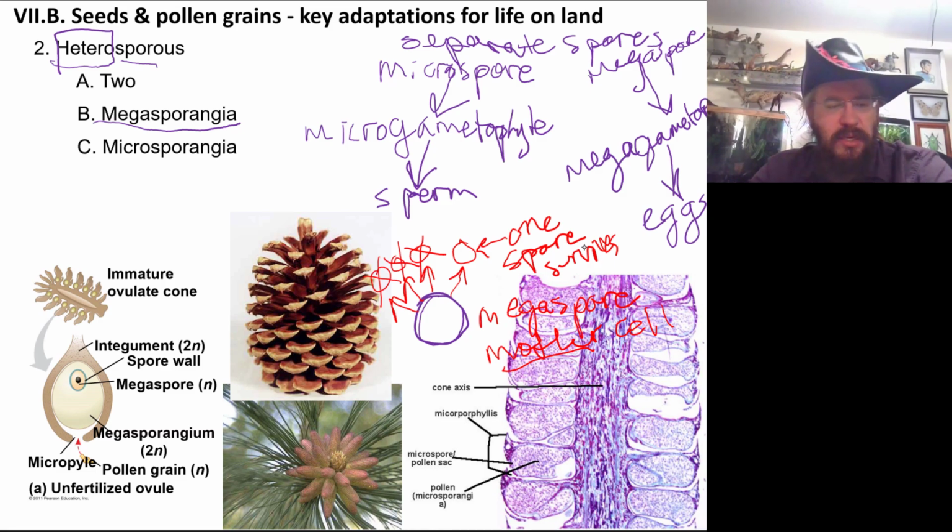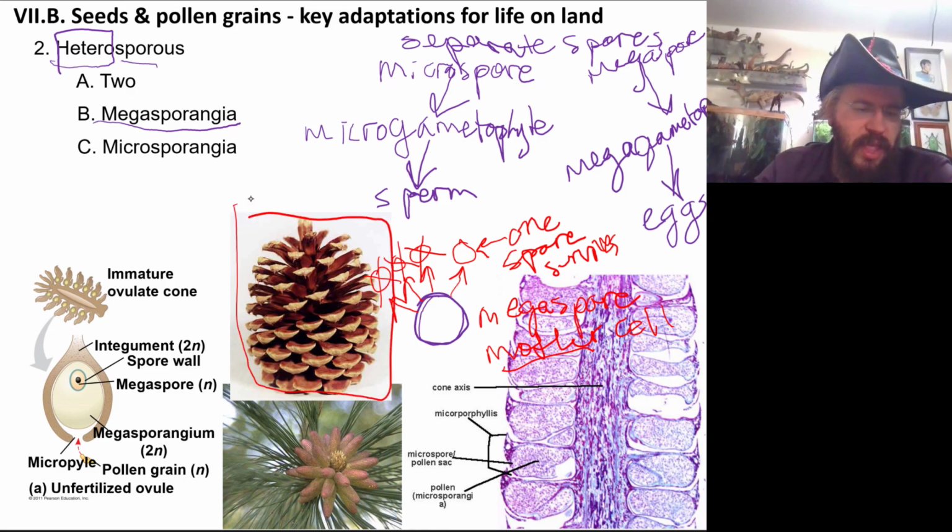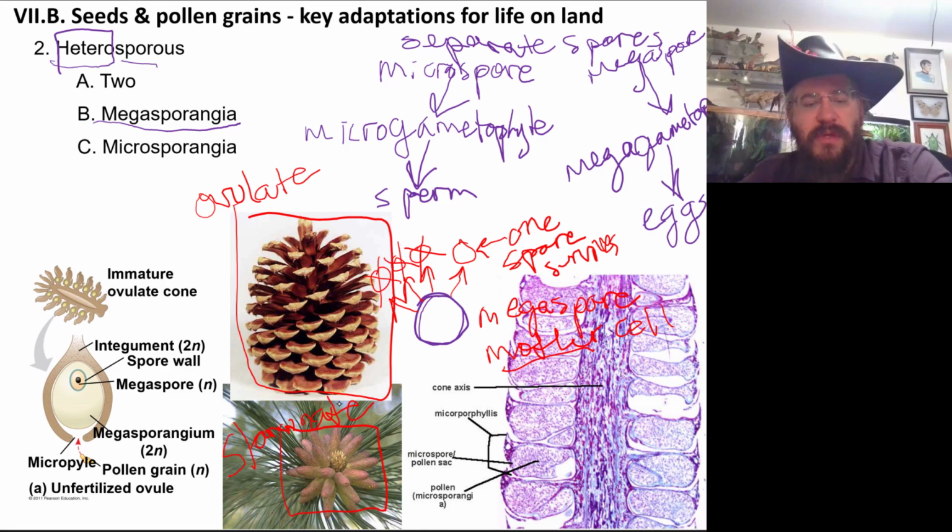This is 2 different kinds of pine cones, which we will talk about in gymnosperms. One is an ovulate cone, and the other is a staminate cone. Ovule, stamen, so, not too terrible.